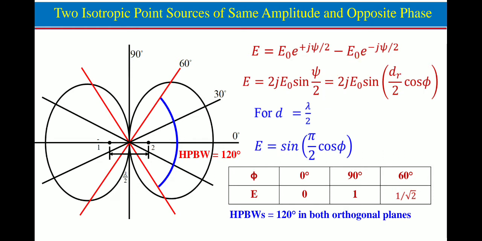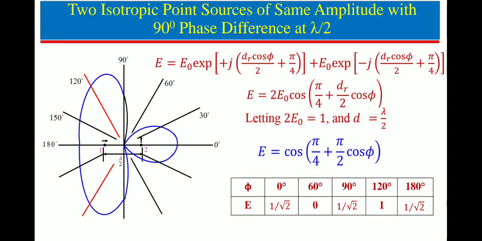Similarly, for d equal to lambda by 2, the electric field will be E0 into sin of pi by 2 cos phi, and for phi of 0 degree, 90 degree and 60 degree, the electric field will be 0, 1 and 1 by root 2, and the HPBW will be 120 degrees in both orthogonal planes.